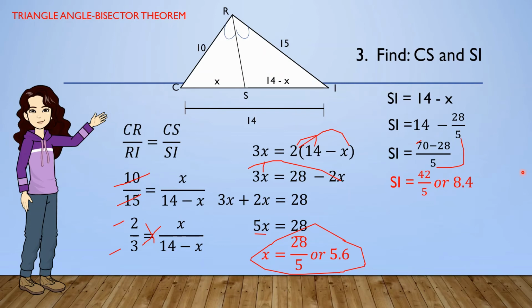So 70 minus 28 is 42 over 5, or in decimal, that is 8.4. So this is now our SI.